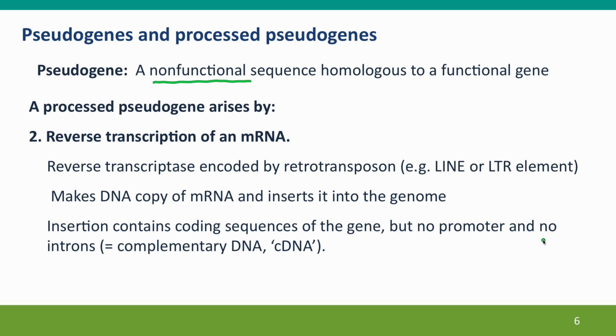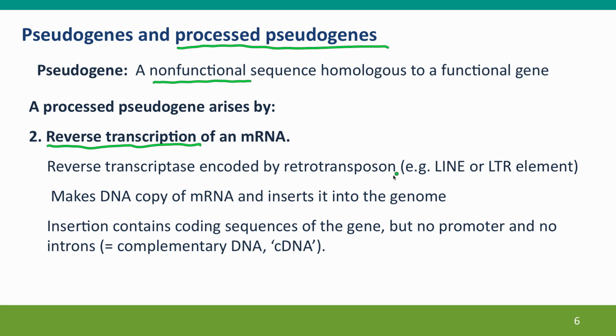However, the other kind of pseudogenes that I want to talk about, which are actually much more common, are called processed pseudogenes. These arise as a side effect of the presence of reverse transcriptase in our nuclei.